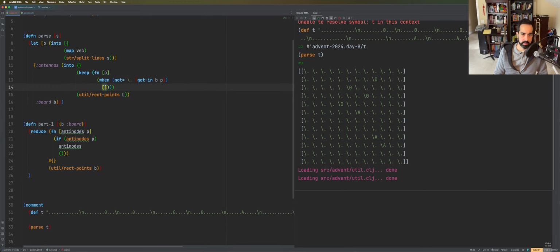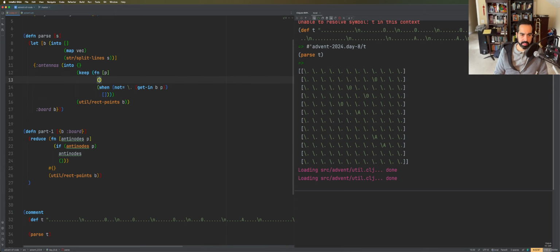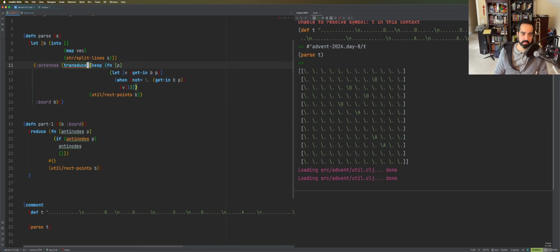Then return, well, we need to let that, right? We need that twice. Let the value is that, blah. V, wait, ooh, I lied. We do want reduce. Transduce. Because we can use this keep. This keep is fine. But we do need to do this, right? VP.